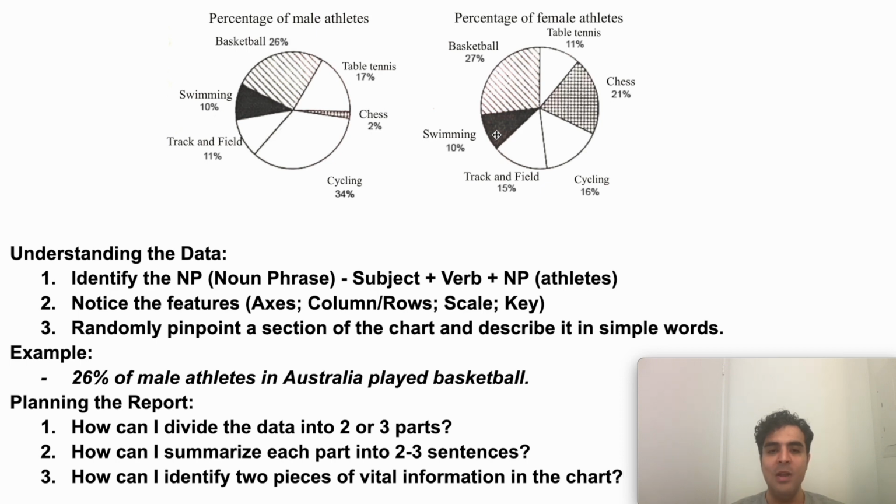Okay, now, by answering these questions, 1, I've guaranteed that I've understood the chart, and number 2, I am certain that I know how many paragraphs I'm going to write. I know I will be writing 2 paragraphs. I know how many sentences I'll be including in each of my paragraphs. In this case, remember, I have 3 sentences for male athletes, where I represent all 6 numbers actually, and I'm going to include 3 sentences for female athletes representing everything.